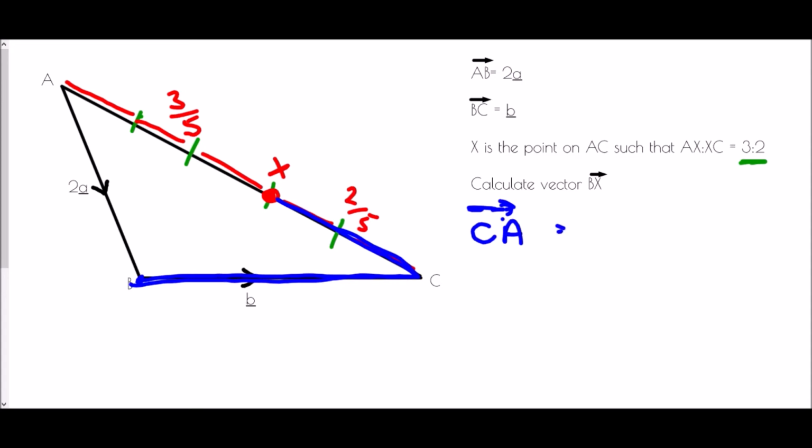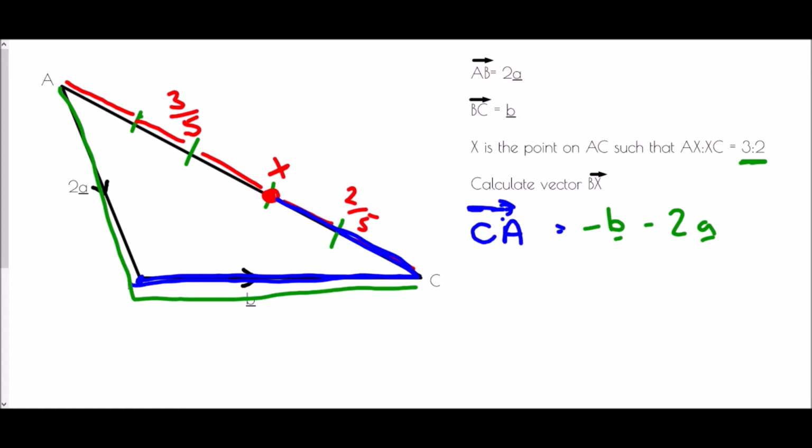Well, CA, that would be following the vector b in the negative direction, so negative b, and then also the negative version of 2a. So negative b take away 2a. That is C to A.